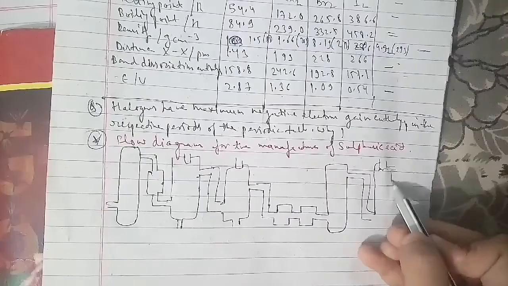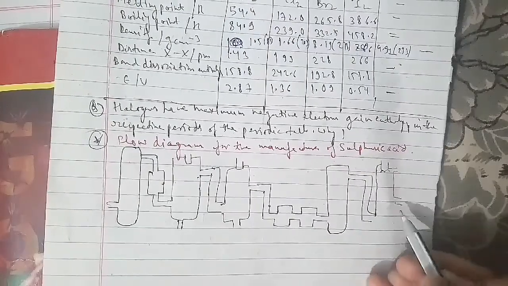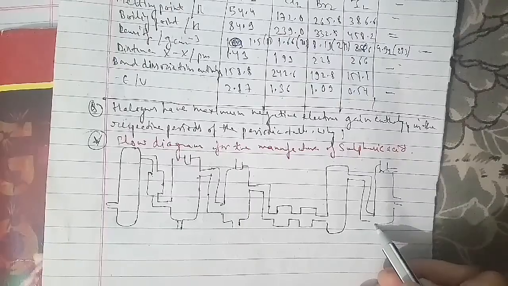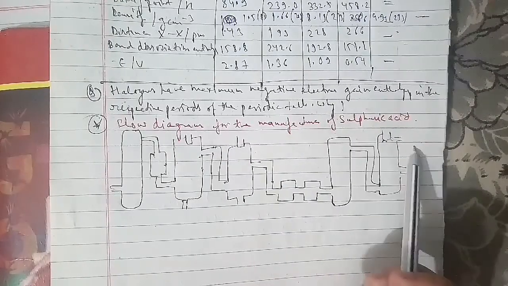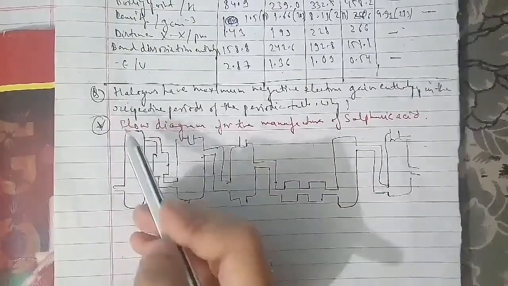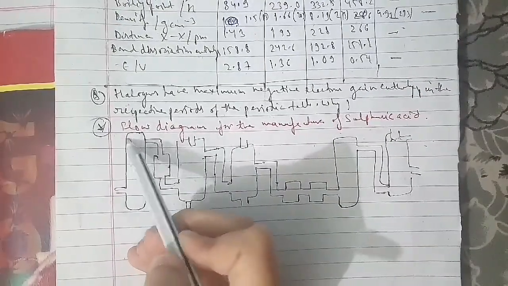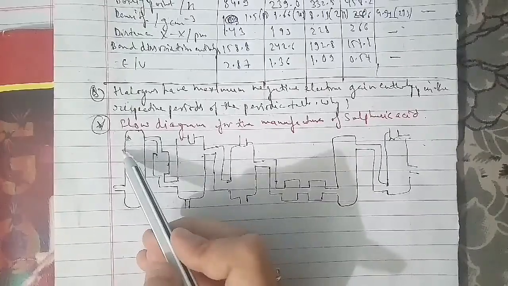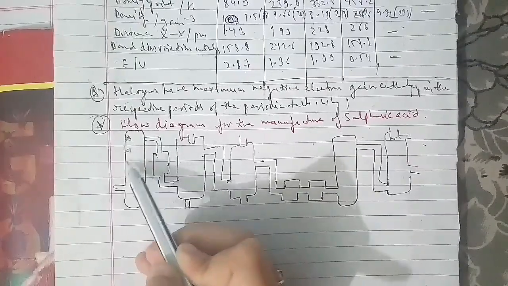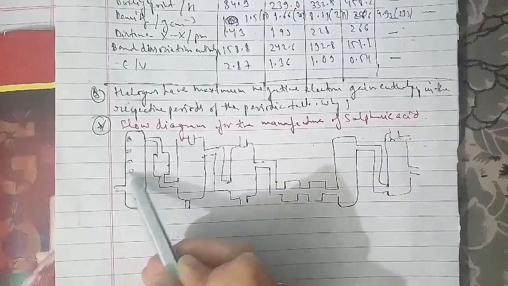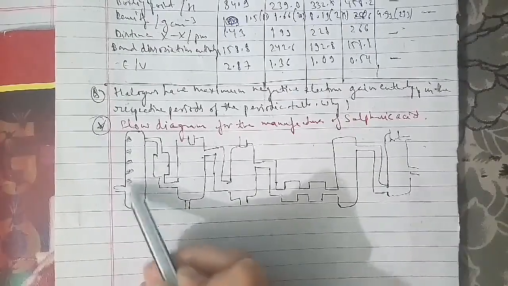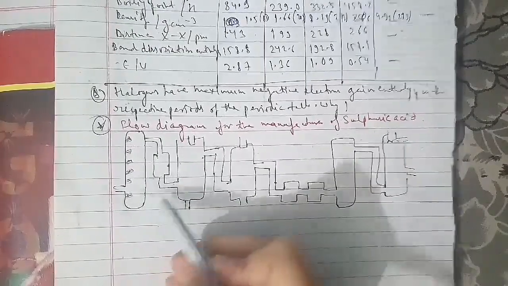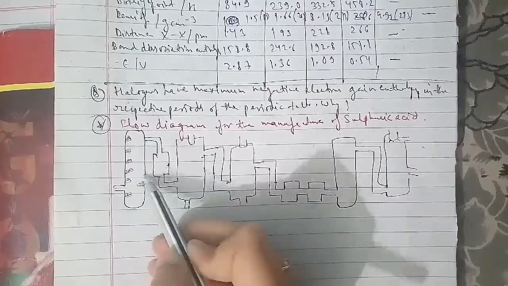That it was connected to. In the same case, this is the flow diagram for the manufacture of sulfuric acid, that I will label here as well. So in the same case, this has been formed here. That has been represented here.